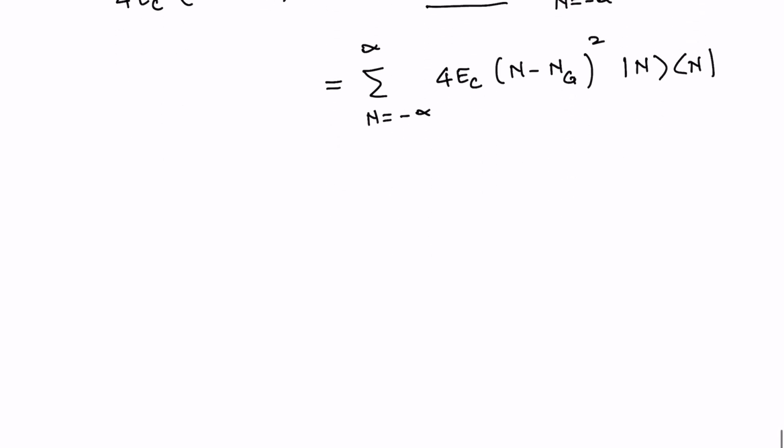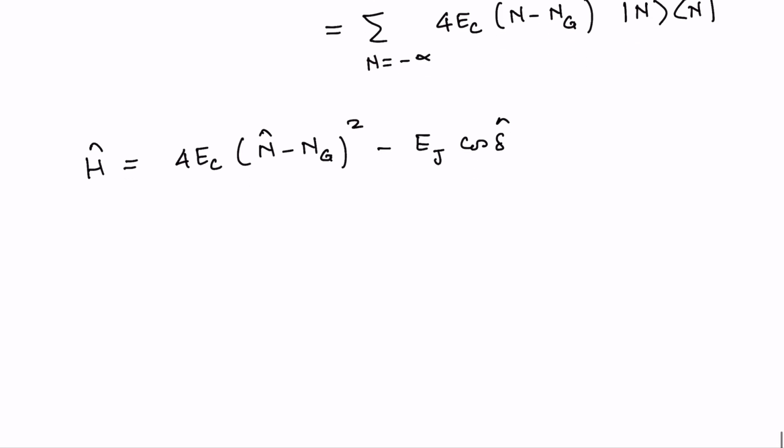Hence we have the full Hamiltonian now. H is equal to 4Ec (n cap minus nz), this is the charge qubit Hamiltonian that is given to us, minus Ej cos delta cap. This I can now write as the sum over n from minus infinity to plus infinity. Okay, then I have here 4Ec (n minus nz).